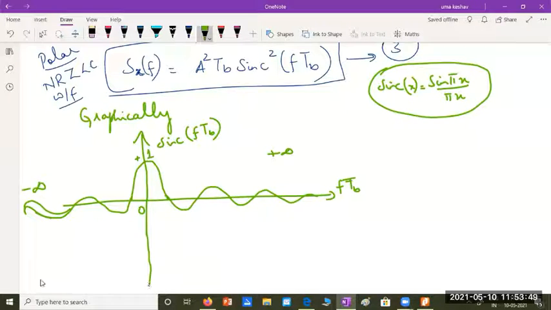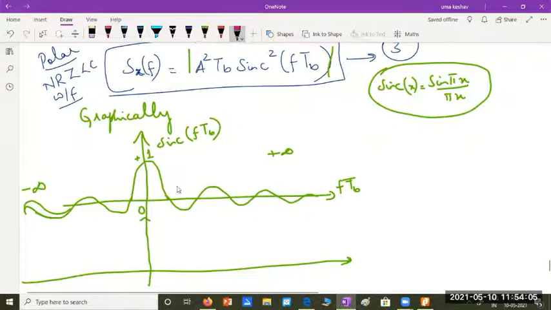Now, if this is sinc, how will I represent sinc square and its magnitude? I am interested in representing the magnitude of this function, sinc square. What would happen to the square value? What is the square of 1? And these values are 1 by Tb, 2 by Tb, 3 by Tb, so on.